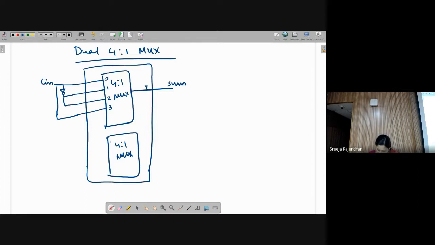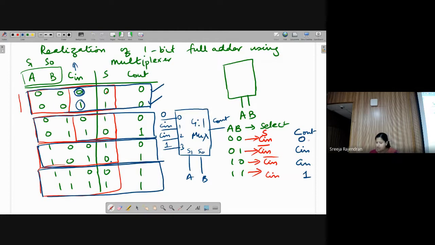And next case again 0, 1, 2, 3. C out. So I have S1 as 0. That is A and B. Now if I see the previous thing, in this case it is 0, C in, C in, 1.